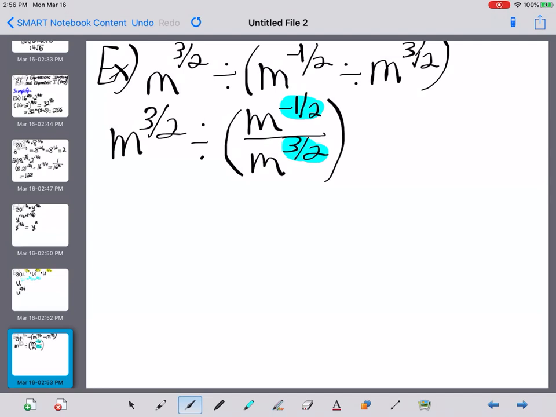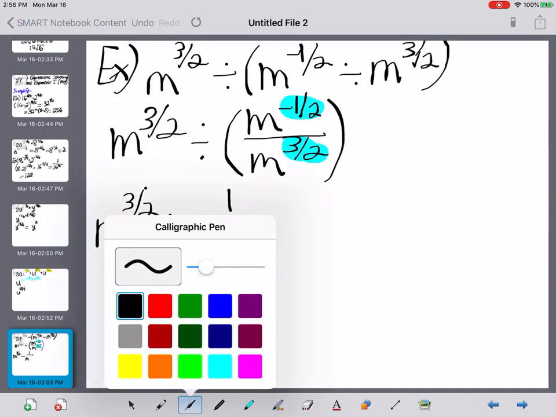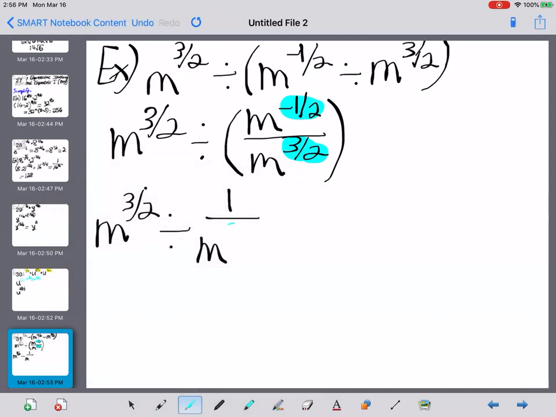So we're going to have m to the 3/2, and then we're dividing that by, okay, my m's are going to cancel on the top, so it's just going to be 1 over, because my biggest one's on the bottom. So I'm going to do m to the 3/2 minus negative 1/2.